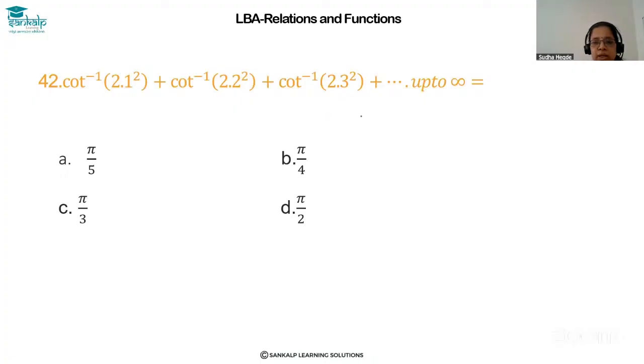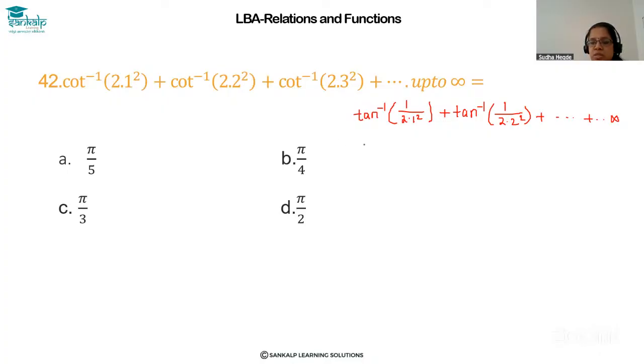So the given expression can be rewritten as tan inverse 1 by 2 into 1 square plus tan inverse 1 by 2 into 2 square plus so on up to infinity.